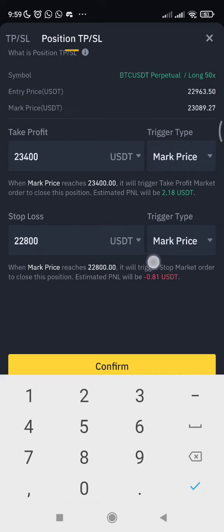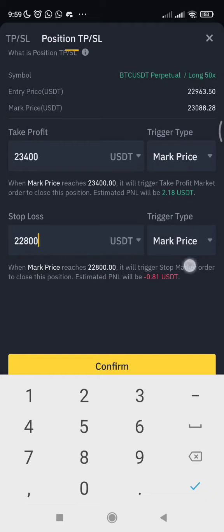Stop loss means the amount you can bear losing in case the trade goes against you. It's a risk management system. We'll talk about risk management later.